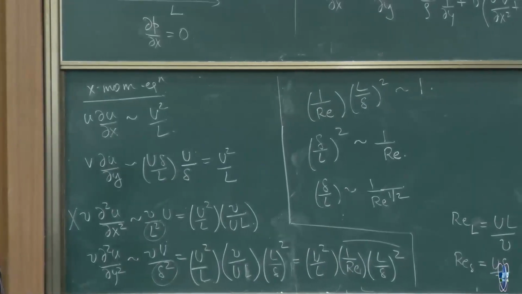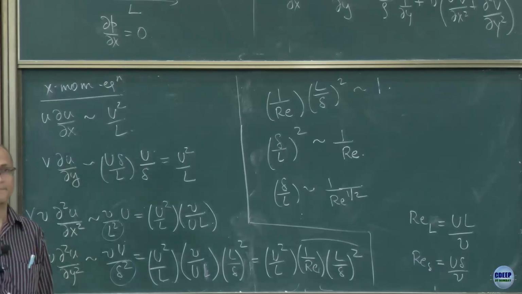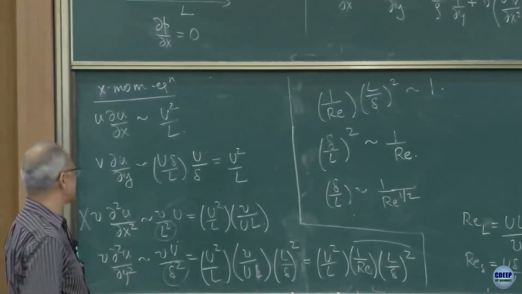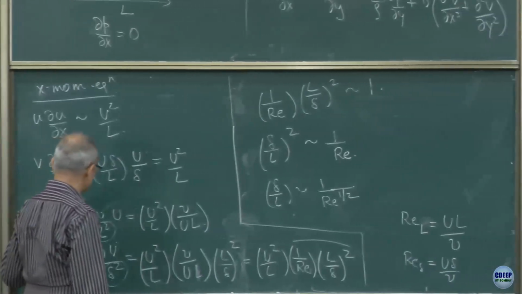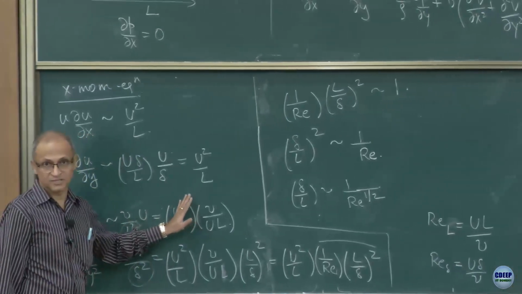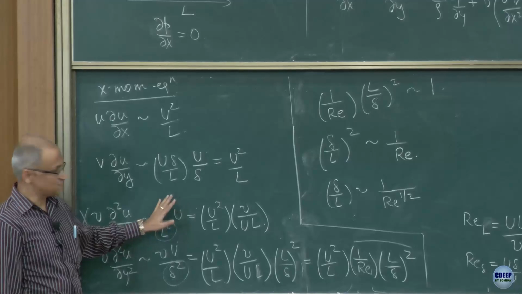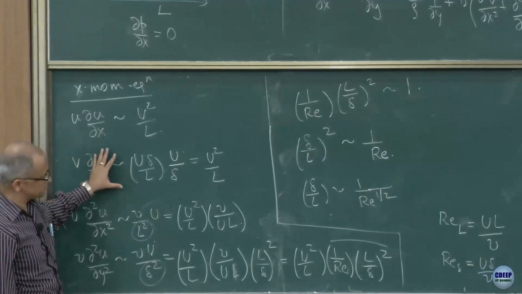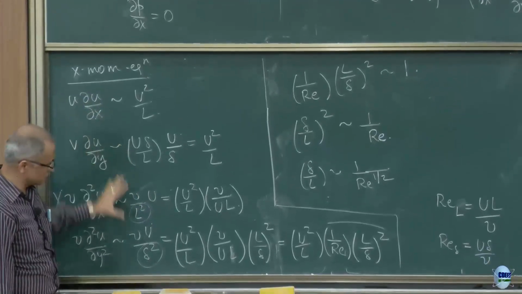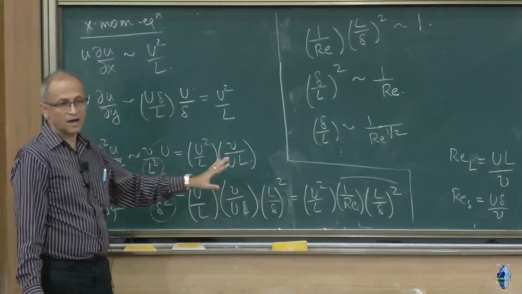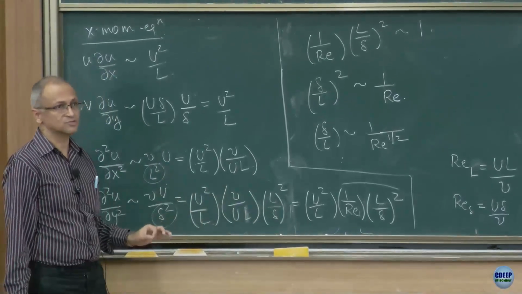So what is the bottom line? If you look at the x momentum equation, we are only dropping one term, which is this term here. Every other term, these two convective terms, along with this one viscous term, are going to stay. These three terms are going to stay.